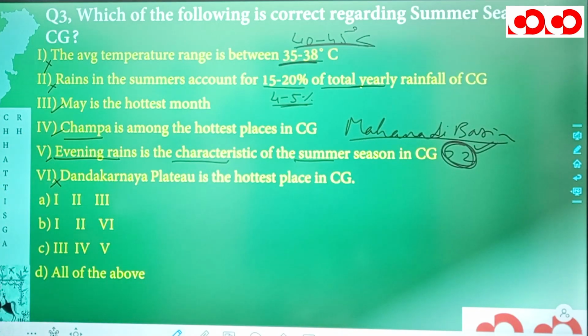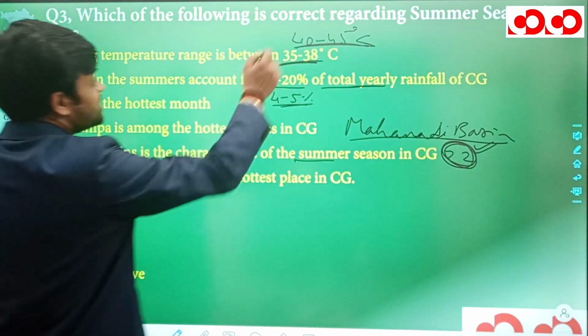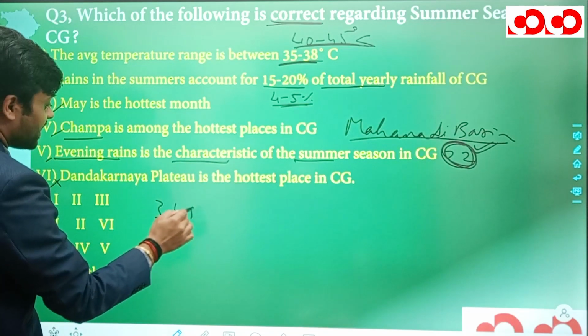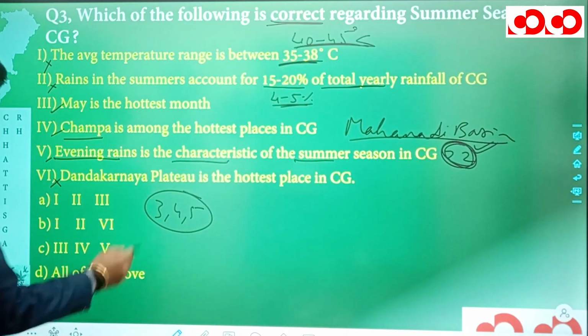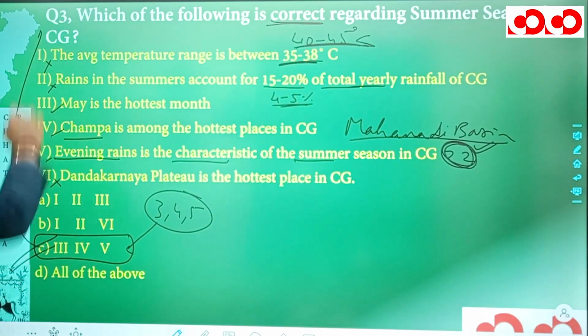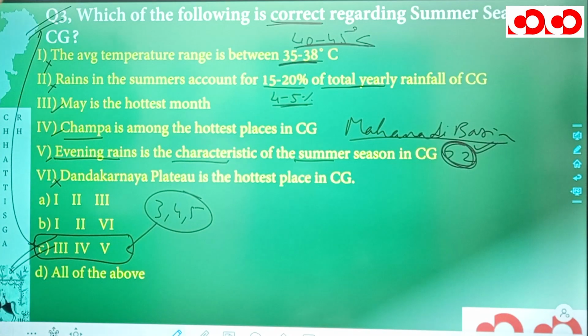Hence this statement 6 is going to be incorrect. Now what we have to tell? We have to tell which among them are actually correct. So we have seen 3, 4 and 5 are the ones which are correct, and 3, 4, 5 is actually mentioned in option C, and hence this option C is going to be the correct option for our third question.